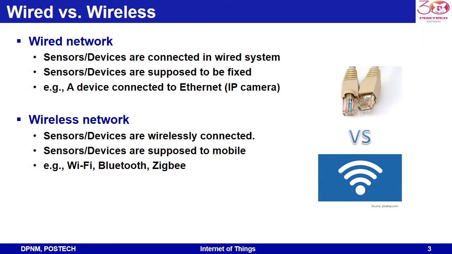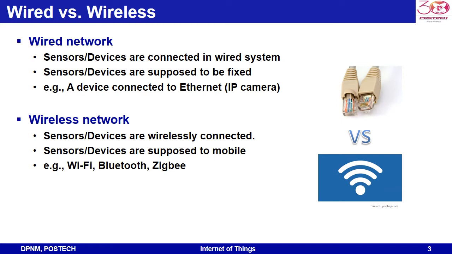The networks are largely divided into wired and wireless. In a wired network, devices are connected to wires and are fixed. That is, the devices usually do not move. An IP camera connected to Ethernet network would be a good example.